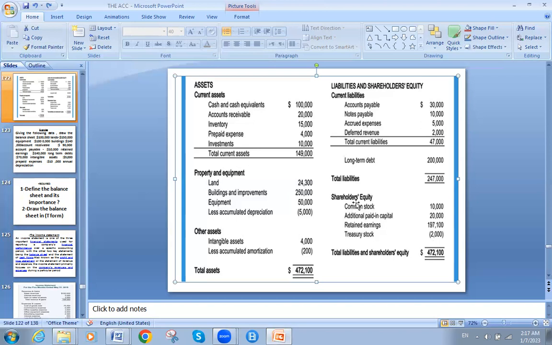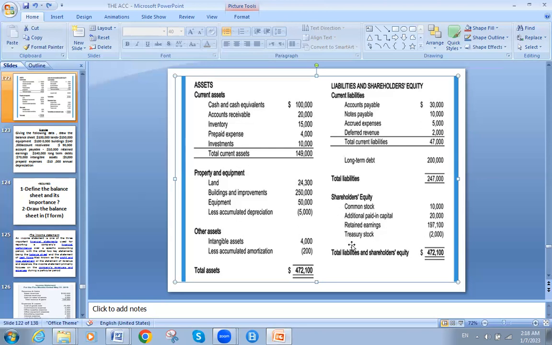The capital, or owner's equity, includes the common stocks and additional paid-in capital. For example, you started working with an investment of 300,000 and you increase it to 500,000. This 200,000 we call additional paid-in capital. That means that you increase your capital, you increase your investment.